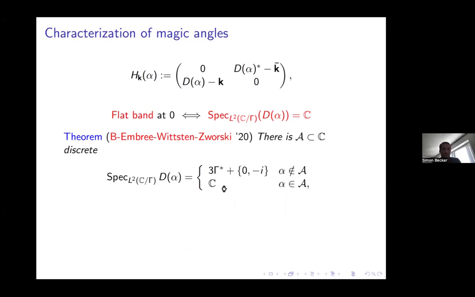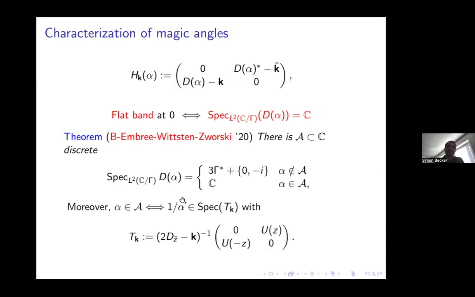And okay, now you might say, well, this is all nice, but this is some kind of implicit characterization because how do you know what these alphas are? And so this takes certain symmetries into account and other things, but it turns out that one can somehow turn this implicit characterization, saying alpha is magic for us if the twisting angle is magic for us if the spectrum of the alpha is the entire complex plane, into an explicit characterization by saying, well, alpha is magic if 1 over alpha is in the spectrum of this operator tk, and tk is this operator here.